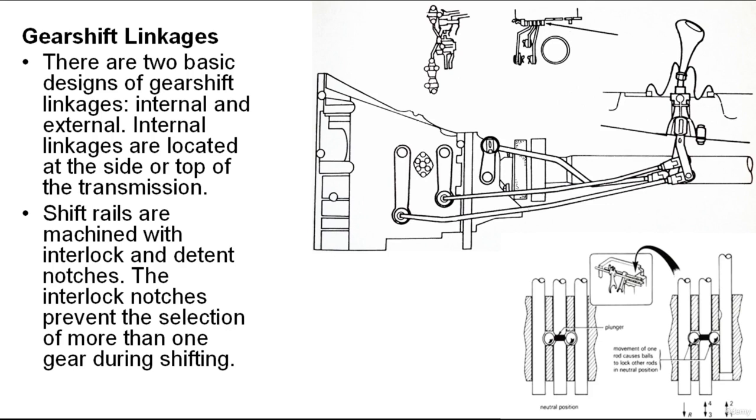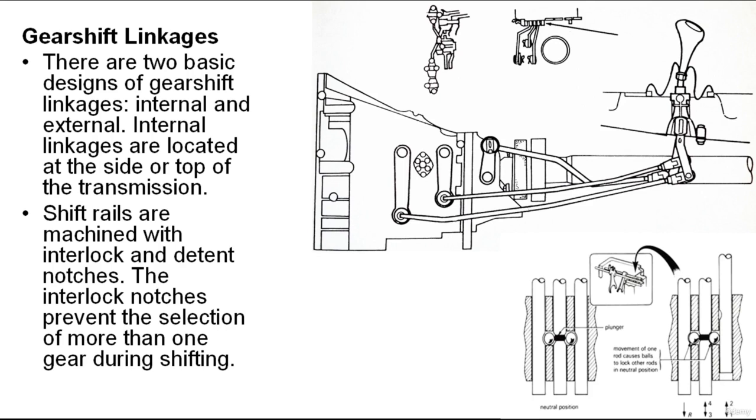The detent notches and matching spring-loaded pins or balls give the driver feedback as to when the shift collar is adequately moved. As the shift rail moves, a detent ball moves out of its detent notch and drops into the notch for the selected gear. At the same time, an interlock pin moves out of its interlock notch and into the other shift rails.